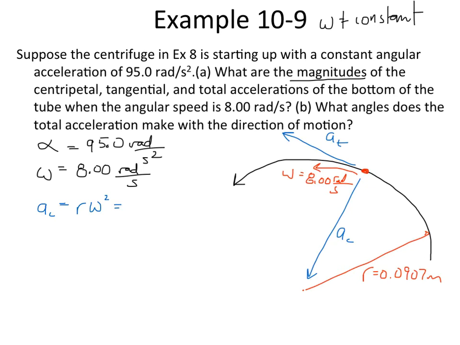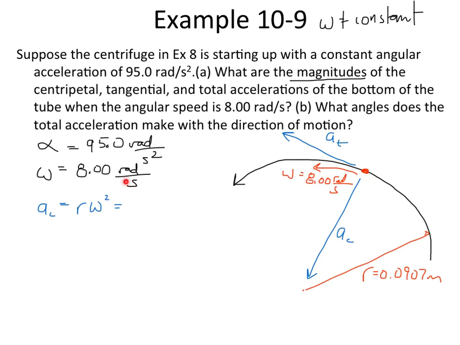In fact, we got that from the previous problem. Let me just skip back to that one real quick. Oh, no, I'm sorry. We can't do that, and I'll tell you why. Because this is the angular speed we're dealing with right now. So let's just plug in the values that we have right now.